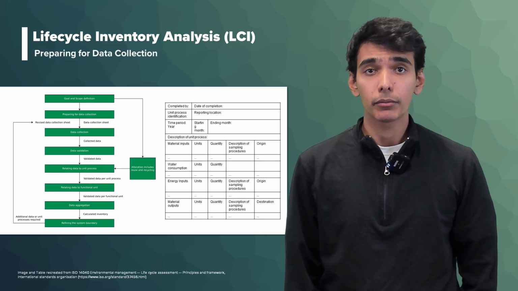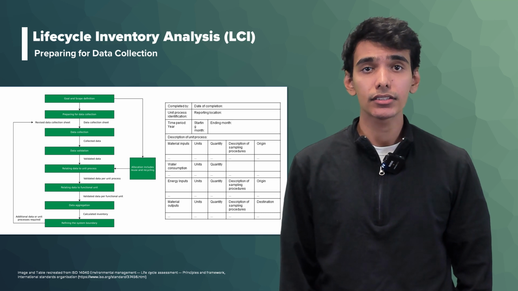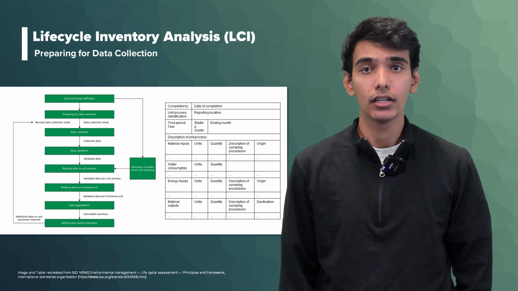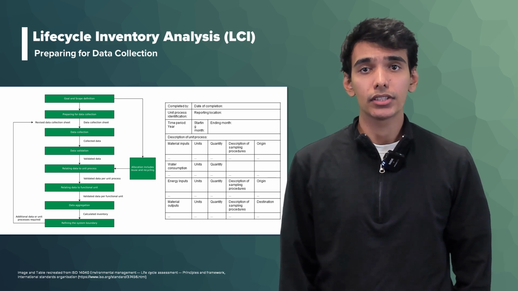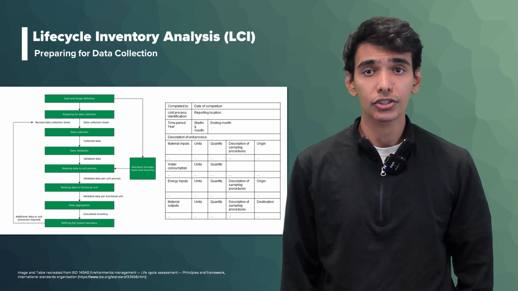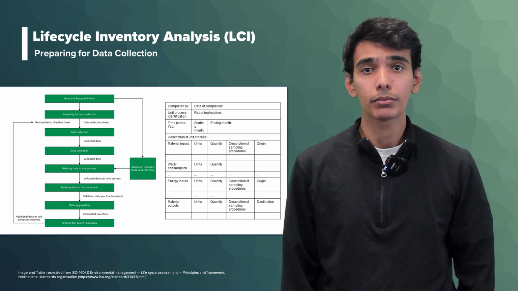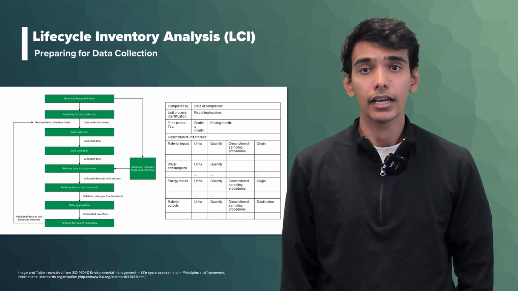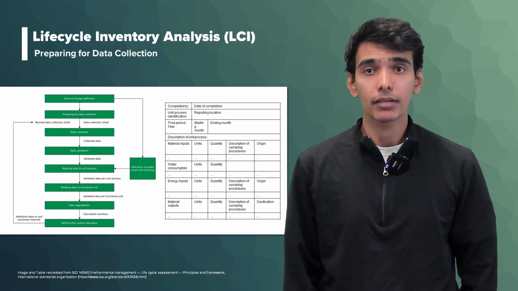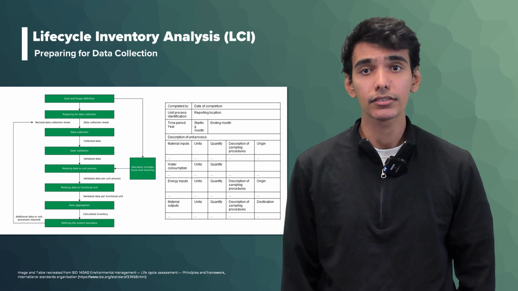Now we're going to talk about some of the key stages within lifecycle inventory analysis. The first key stage is preparing for your data collection. On the right hand side you see a table with many fields, something called a collection table. You can see fields like material inputs, energy consumption, energy inputs, and also water consumption. For each of them you have units and also the quantity that is being analyzed.